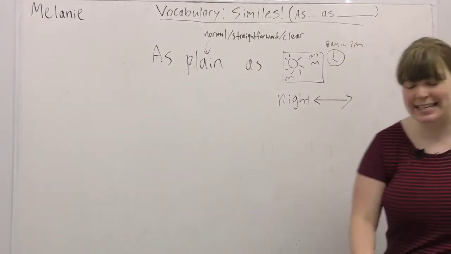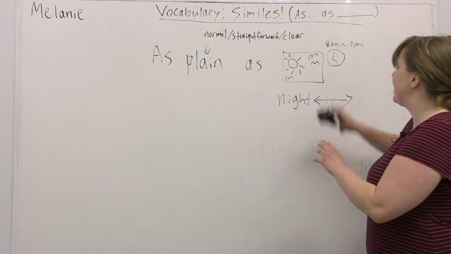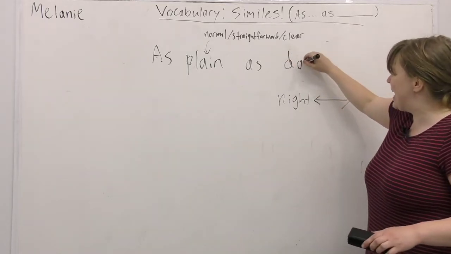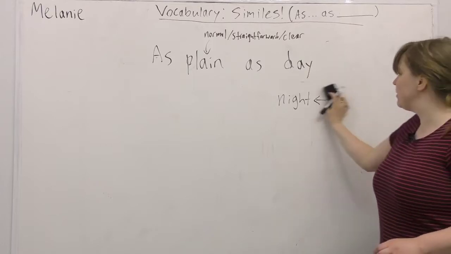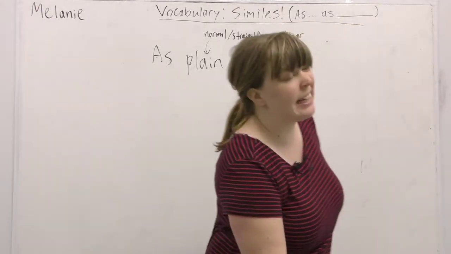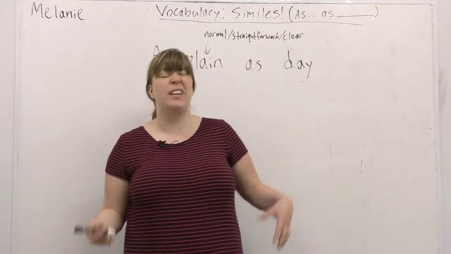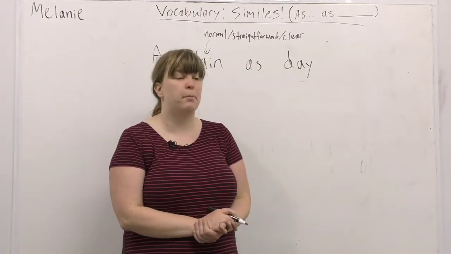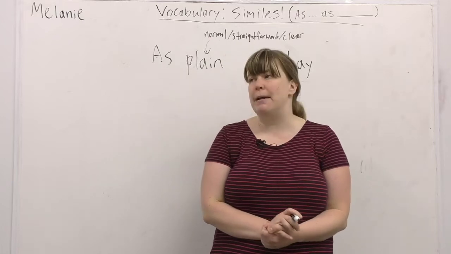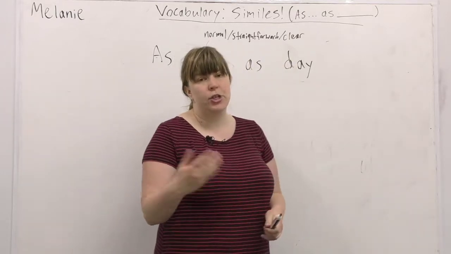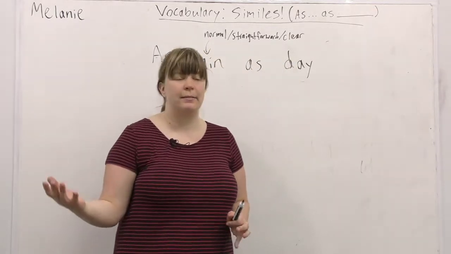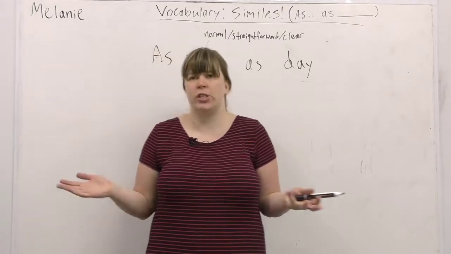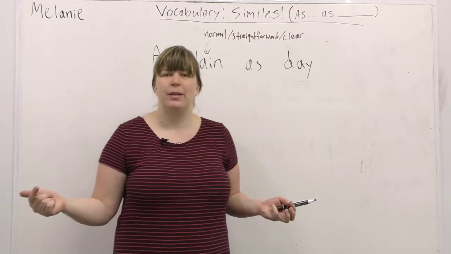As plain as day. All right, I'm going to erase this. Goodbye, night. We don't need you anymore. So as plain as day means very obvious and easy to understand. So for example, maybe my friend is talking with a guy. The guy likes her and it's obvious, but she can't tell.